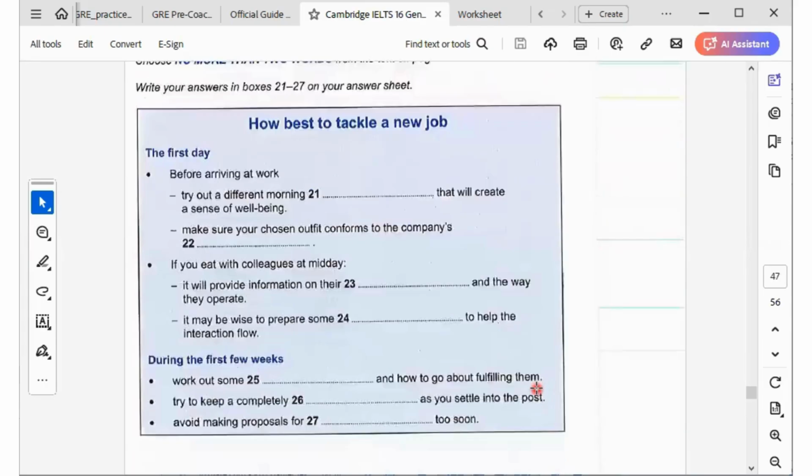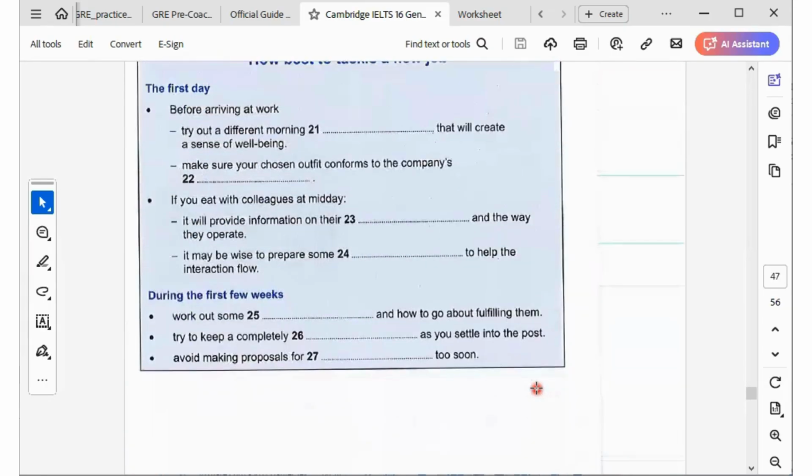I think the word is going to be open mind. That's going to be the word here. Open mind seems to be the best answer for me here. Try to keep a completely open mind. 26. Open mind.